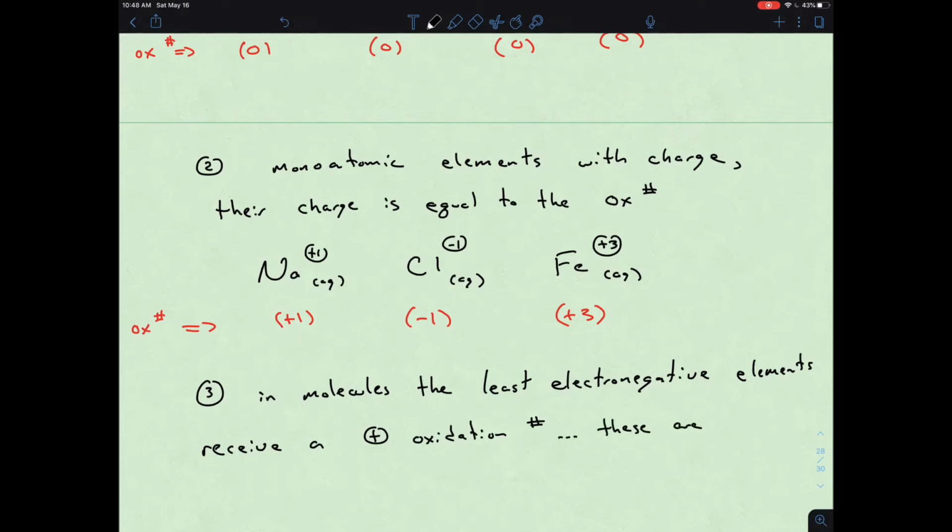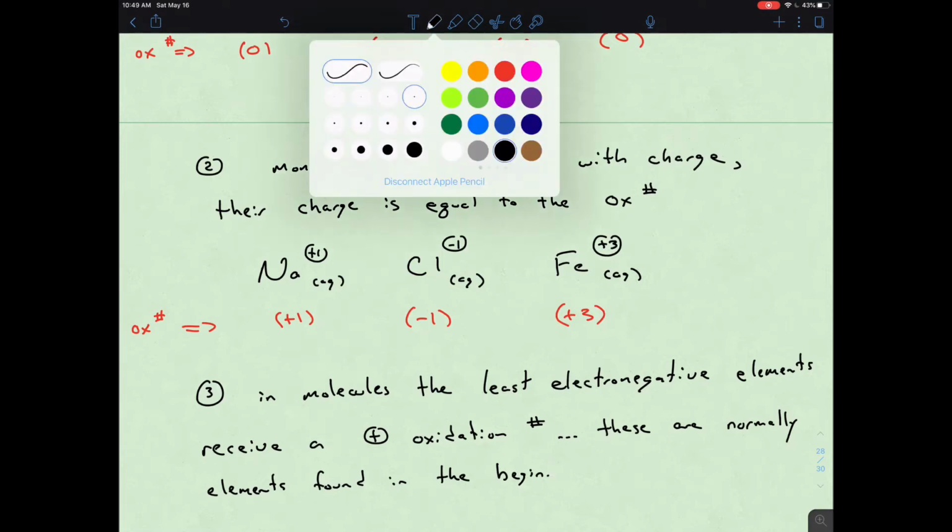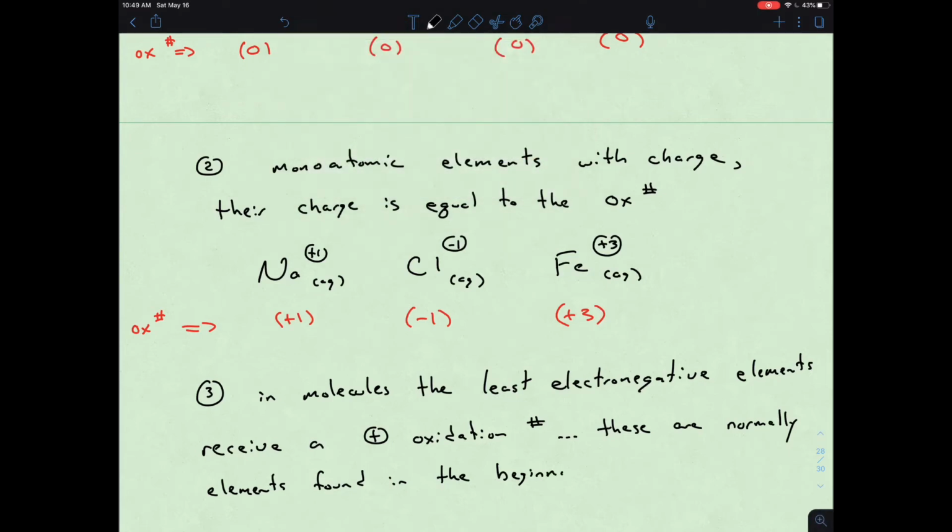These are normally elements found in the beginning of a formula.